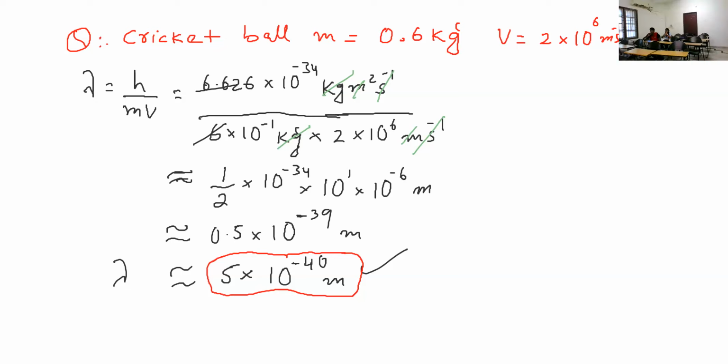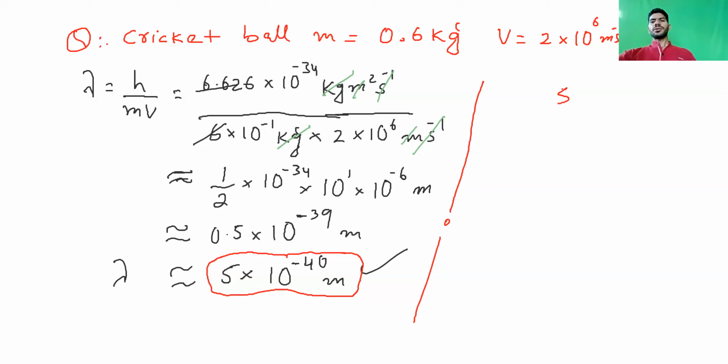Sir, I think it's the same size. It is very small. See, it is 5, then you have to divide it by 10 to the power minus 40. That means you have to divide it by 1, and then how many zeros? 40 zeros, isn't it?